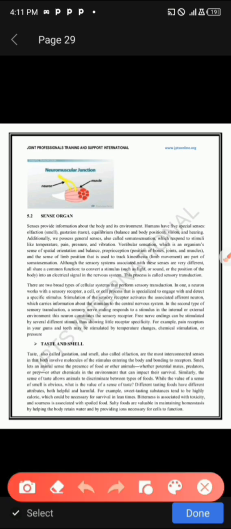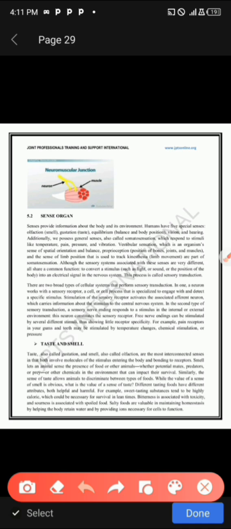Senses provide information about the body and its environment. Humans have 5 special senses: olfaction, which is smell; gustation, taste; equilibrium, balance and body position; vision; and hearing.